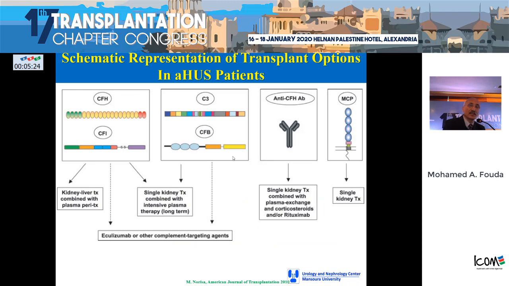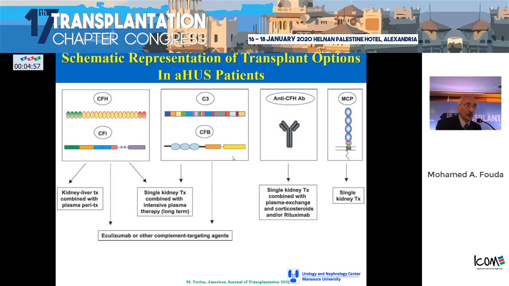This is an old schematic representation of transplant options in atypical HUS patients, ranging from single kidney transplantation in membrane cofactor protein mutation, single kidney transplantation combined with plasma exchange, steroid, and or rituximab when there is anti-complement factor H autoantibodies, or combined liver and kidney transplantation in complement factor H and I mutation, which is synthesized in the liver.